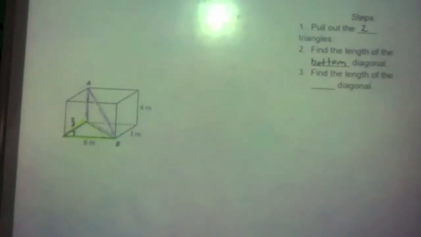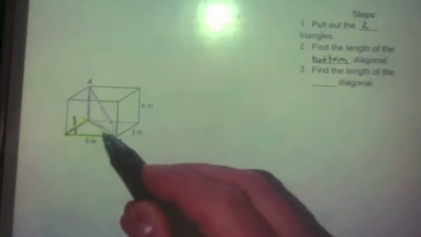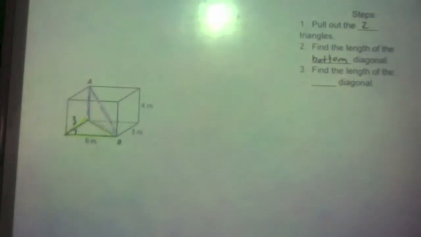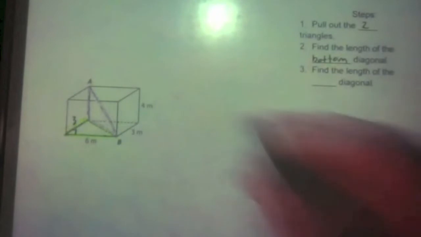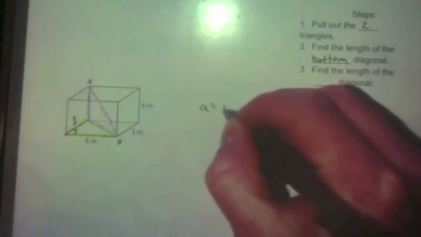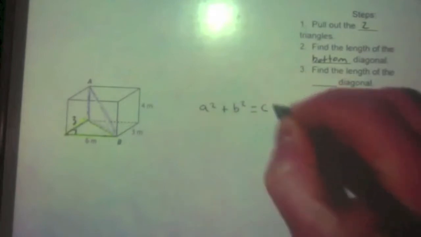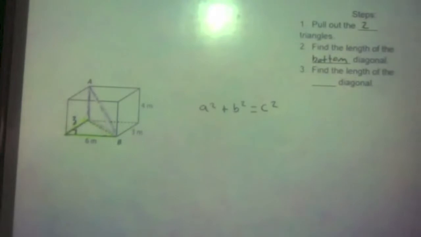So we have both legs of the triangle, and we want to find the hypotenuse, the side opposite the right angle. Looking at our Pythagorean theorem, a squared plus b squared equals c squared.